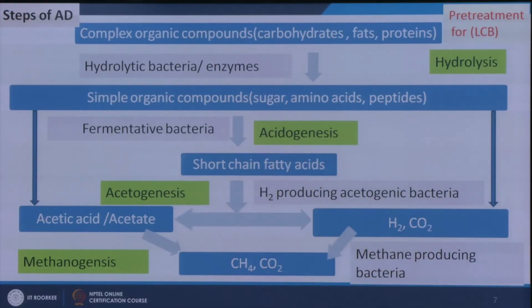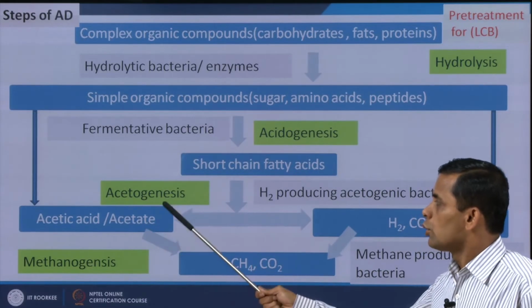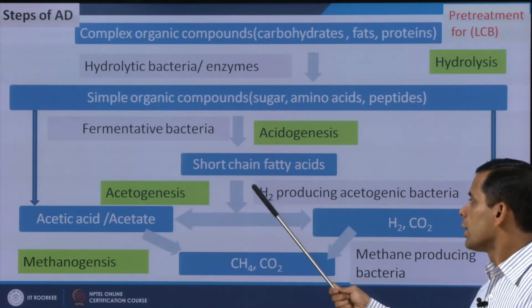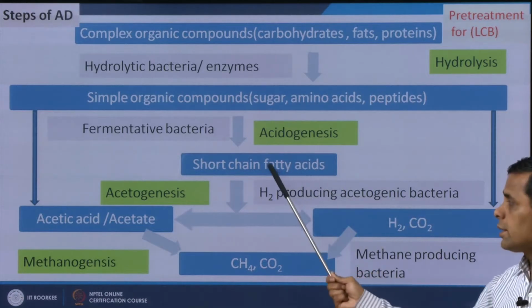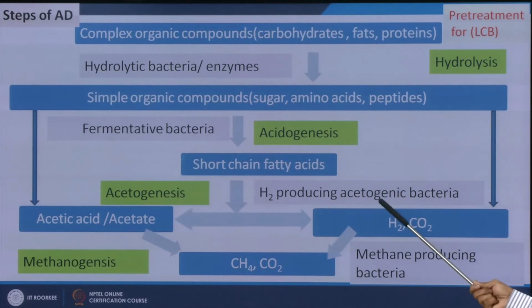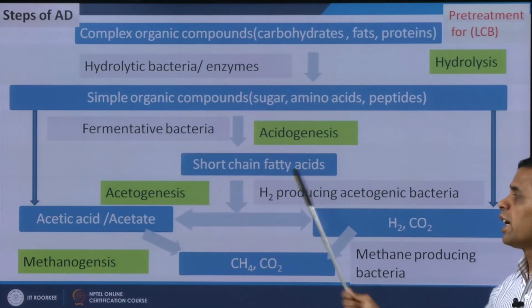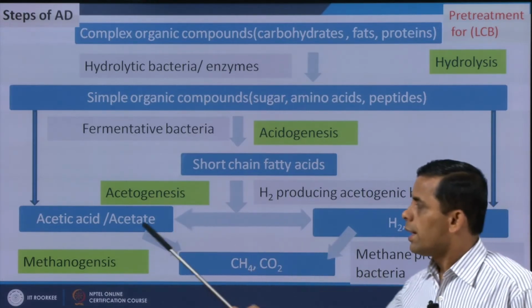After the acidogenesis step, the short chain fatty acids can be converted to acetic acid through acetogenesis, or can be converted to H2 and CO2 through hydrogen producing acetogenic bacteria. Both of these are under the acetogenesis step, and this H2 and CO2 further react and form acetic acid.